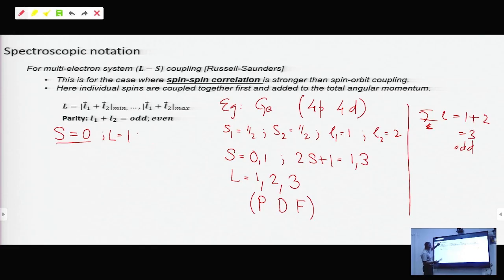Okay, let's start with L equal to 1. So this is the first case.